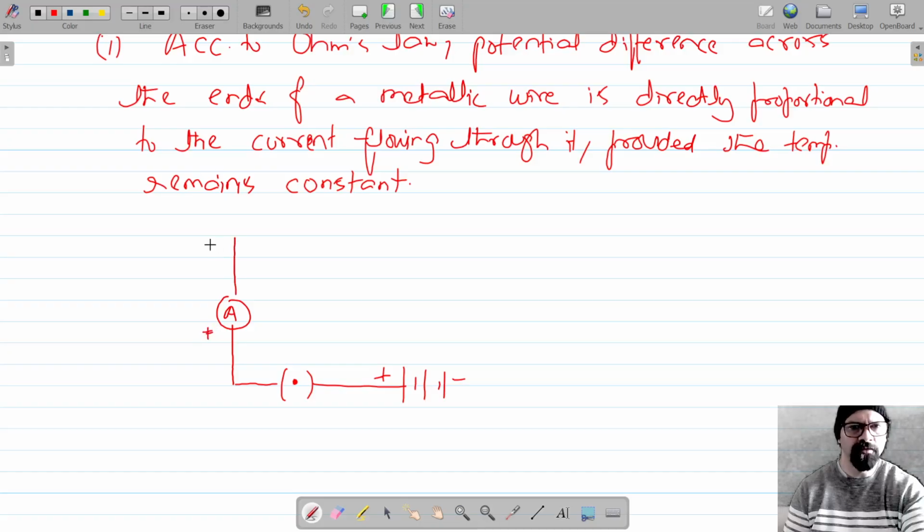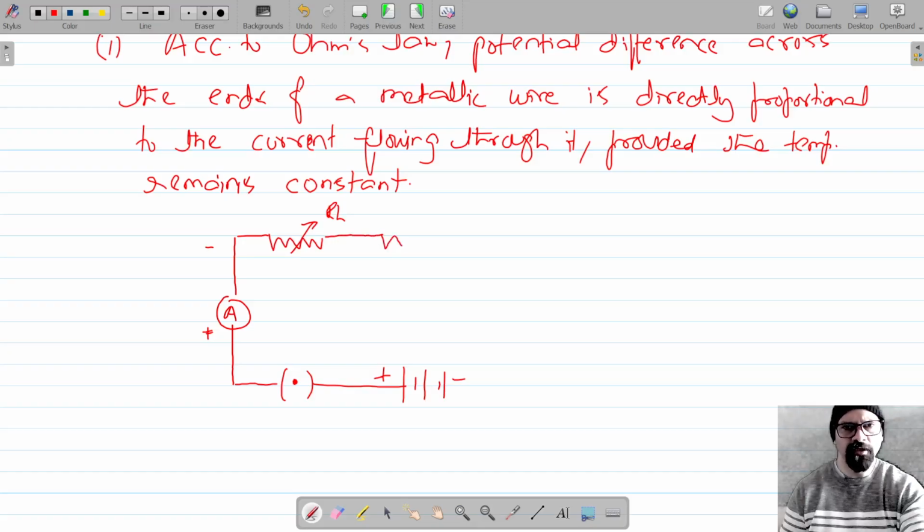So let this be the ammeter. Let this be the variable resistance, the rheostat, and it's connected.